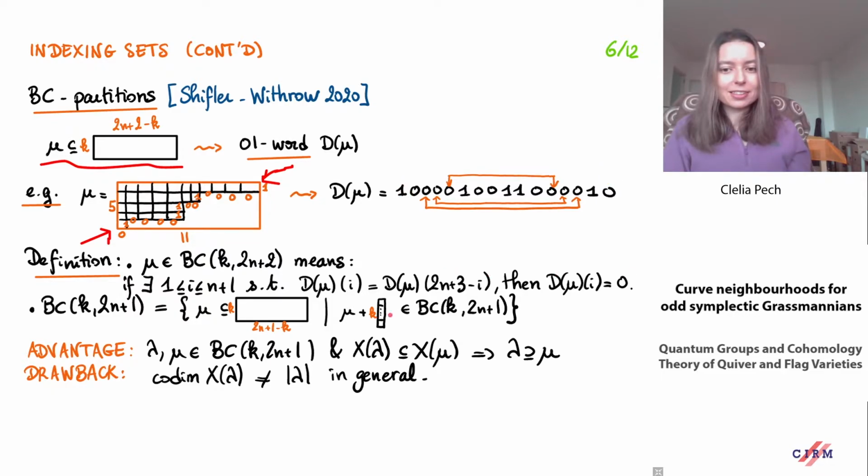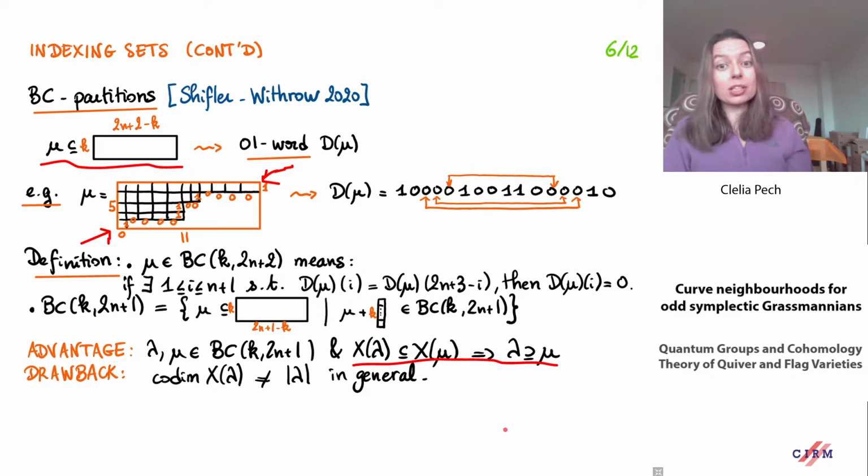And in a similar way, you can define an indexing set for the odd symplectic Grassmannian starting from that one. And it has the exact opposite advantages and drawbacks compared to BKT partitions. So it is compatible with the Bruhat order.